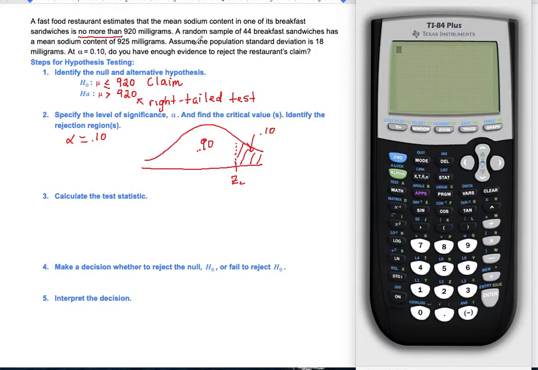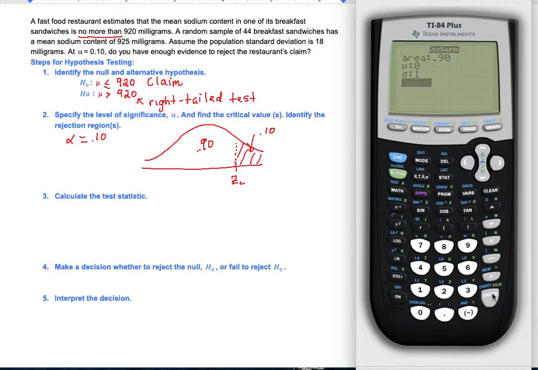We can find this critical value in the calculator using the inverse norm function. We'll hit second, distribution, inverse norm, hit enter. The area to the left of z is 0.90. The mean is 0, standard deviation is 1.